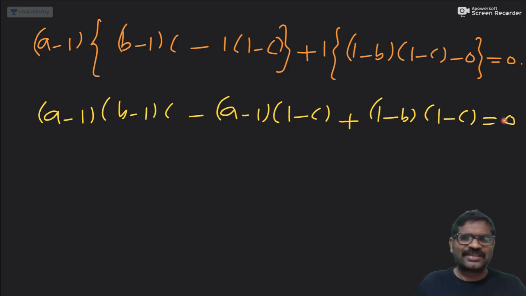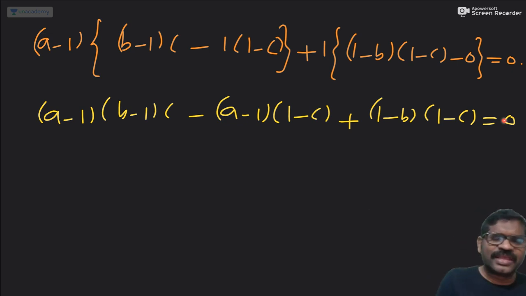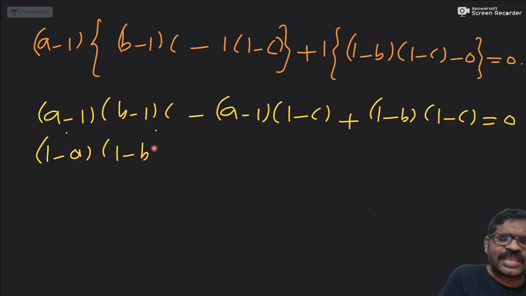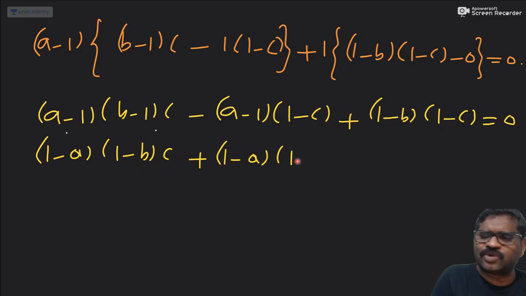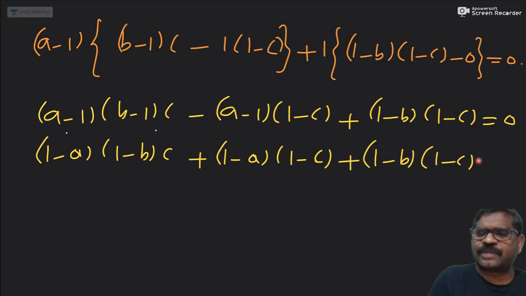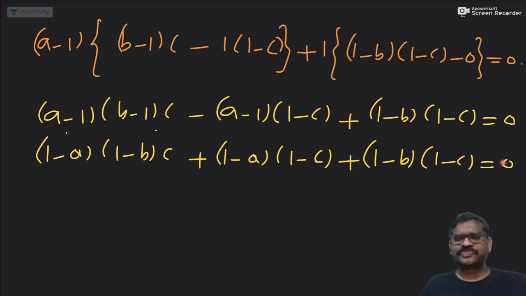For convenience, I am going to write a minus 1 into b minus 1 in the form of 1 minus a into 1 minus b. Here a minus 1, I am going to write minus of minus, plus 1 minus a into 1 minus c, plus 1 minus b into 1 minus c equal to 0.